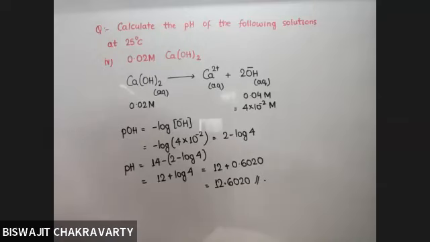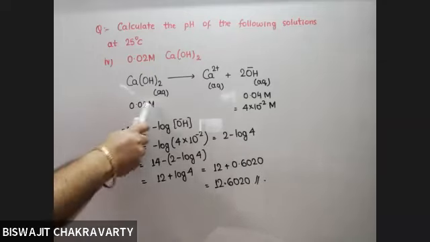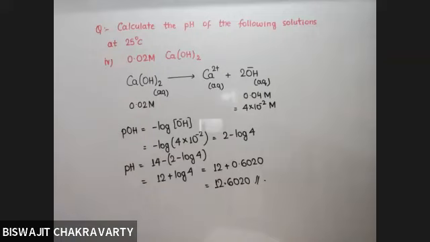So these 4 examples I have taken, all the 4 are strong electrolytes. That means whatever is the concentration of the reactant, the products will be proportionally the same or multiple of some value.